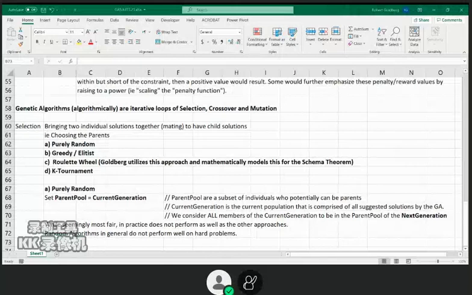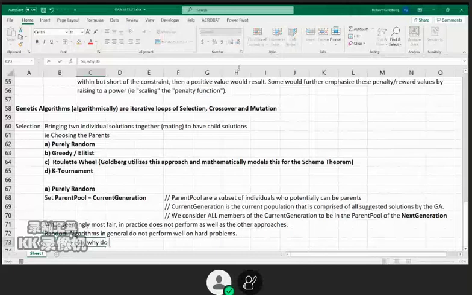All right, now it begs the question, of course: how does GA differ from random, and why does GA do better when it does? That's a good question. If random algorithms in general do not perform well on hard problems, why do we think that GA does better than standard random algorithms?